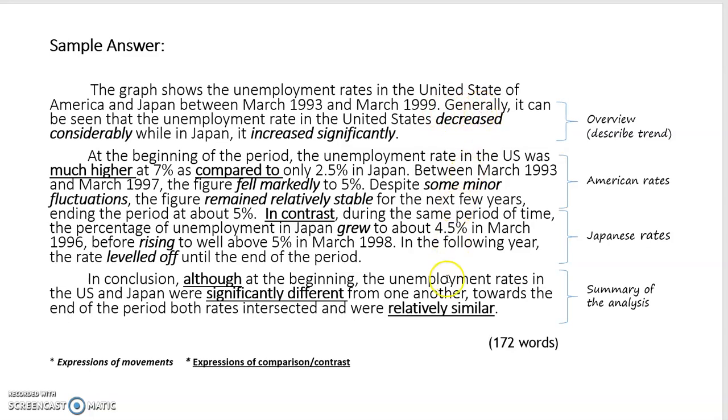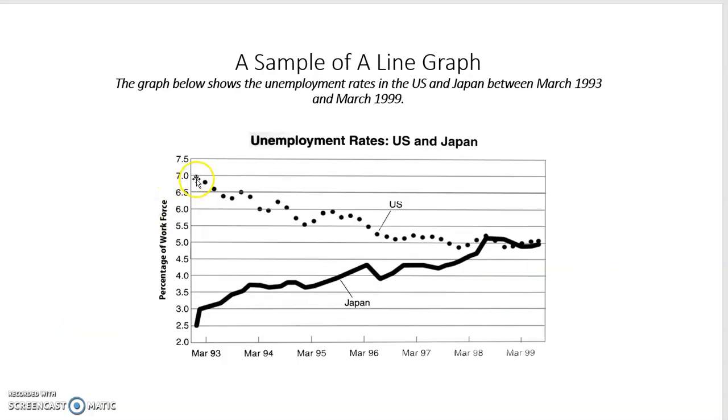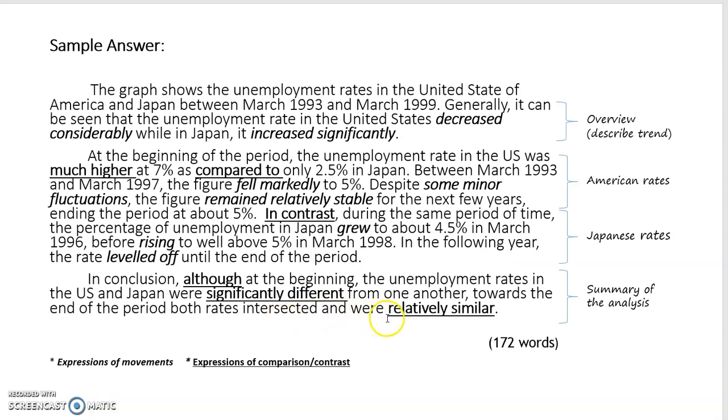Okay, it's different, but it summarized the whole graph. Okay, if you remember the graph, so at the beginning they are different, but towards the end they intersected. Okay, they cross line with each other, and they were relatively similar. They're not exactly similar, but they were relatively similar. Okay, this is a good summary of the whole essay.